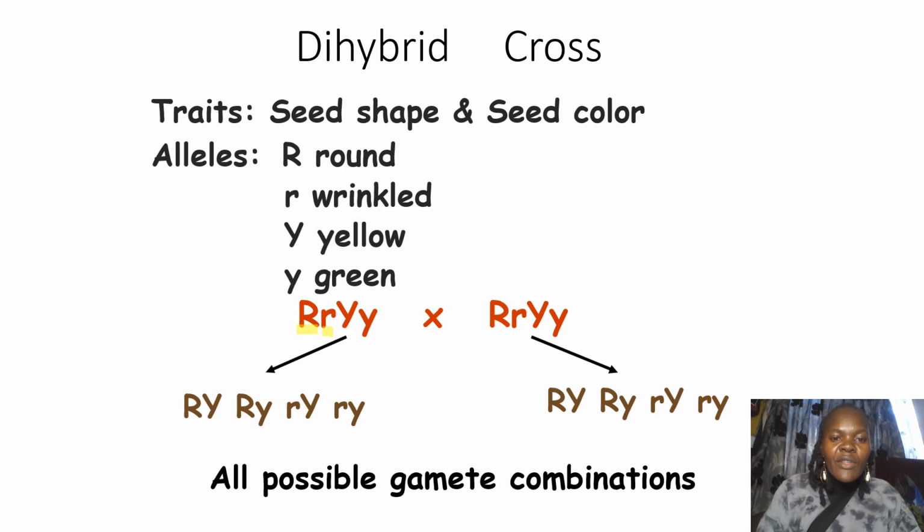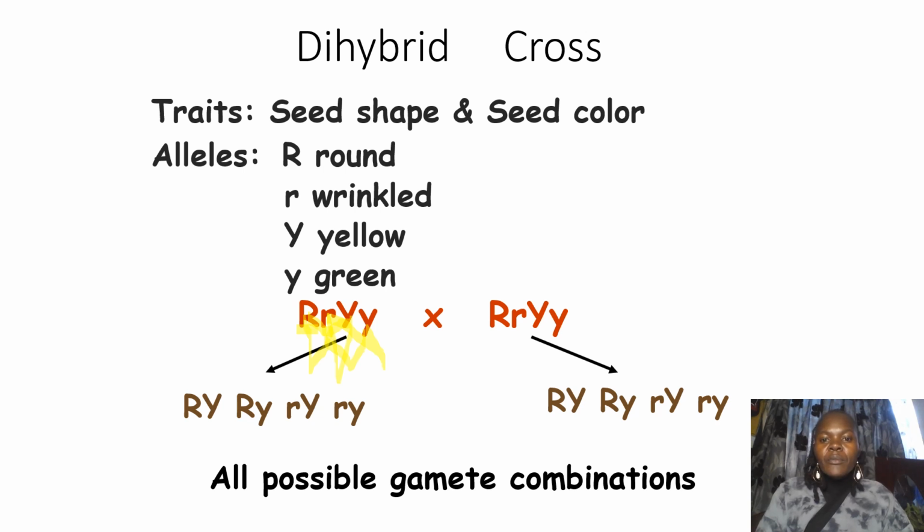So for us to generate gametes, you just cross capital R with capital Y. You'll get capital R, capital Y. Still with the capital R, it goes with small y. You'll have capital R, small y. Small r, capital Y. You'll have small r, capital Y. Then small r, small y. You'll get small r, small y.